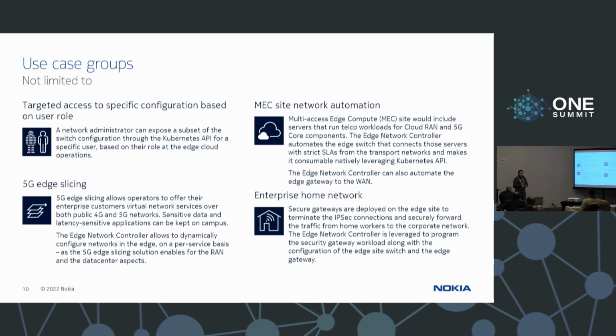Similarly, extending onto that for 5G slicing, that's again network configuration of the underlay and also the 5G function. And similarly, for the enterprise home network, you could actually deploy the security gateway workload and configure the underlay. Now, these are a set of use cases which we have come across while talking to our customers.